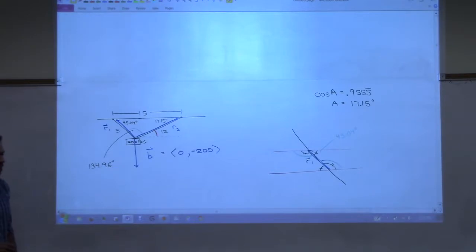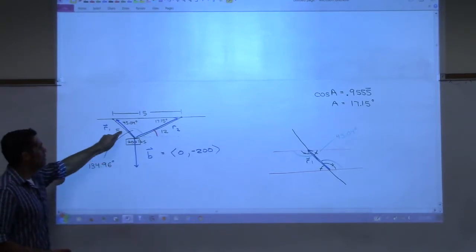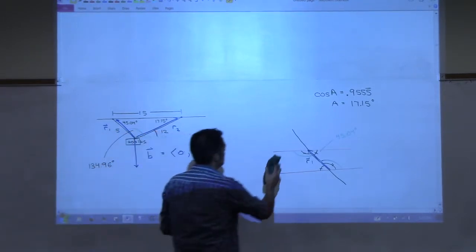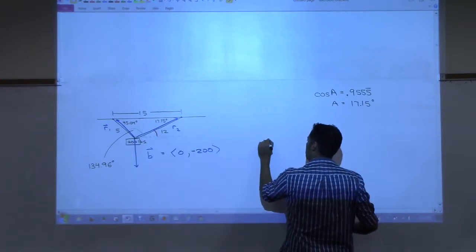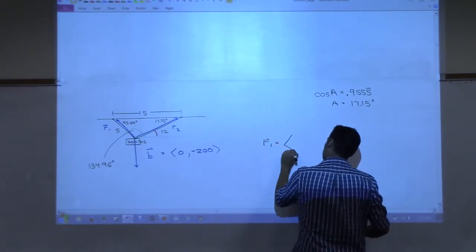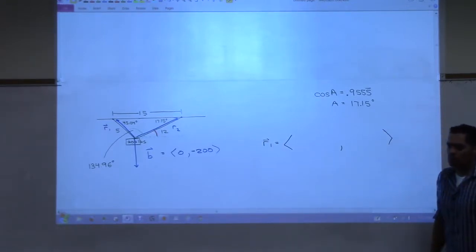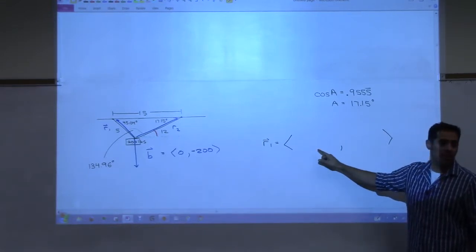Now, let's figure out what the x and y components of R1 will be. R1 is a vector. Its x component should be the length of the vector.